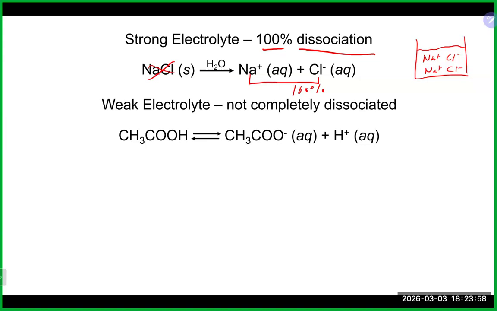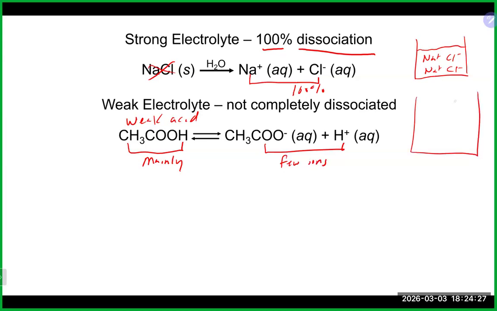A weak electrolyte, on the other hand, is something that is not completely dissociated. In fact, a weak electrolyte mainly stays together, but will still break apart into some ions. This is acetic acid, which is a weak acid and a weak electrolyte. It will mainly stay together in solution as acetic acid, but will break apart into a few of these ions.